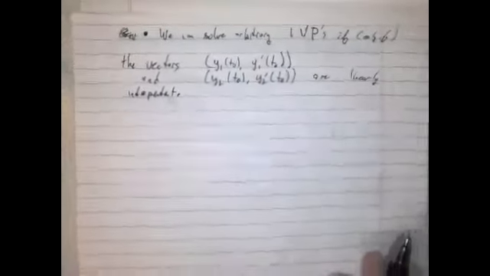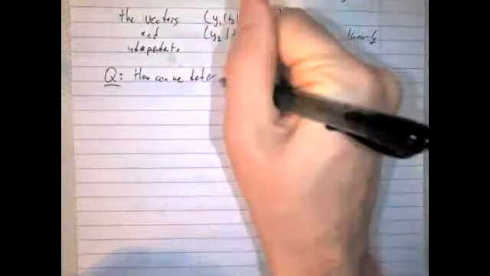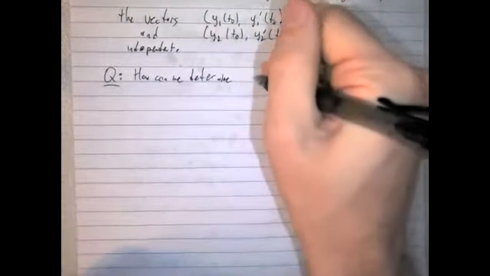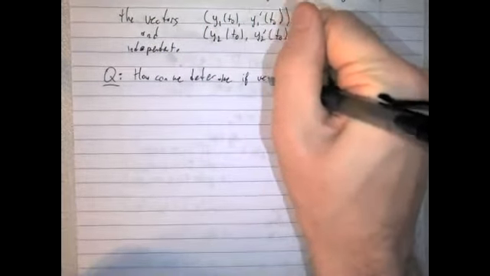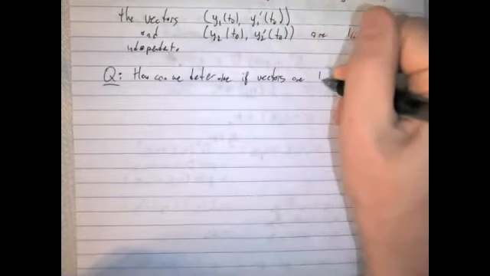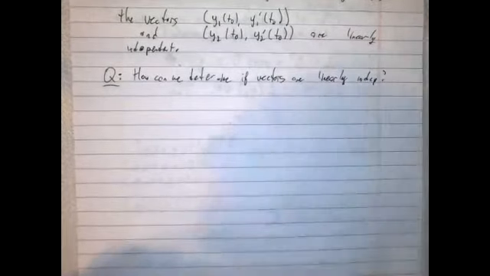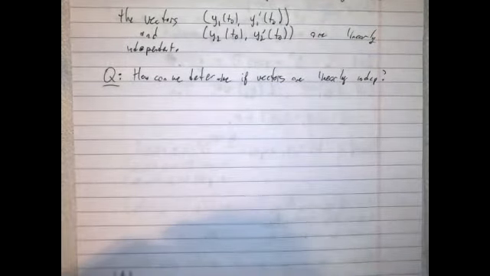So my question to you is, how can we determine if vectors are linearly independent? I'll give a hint.